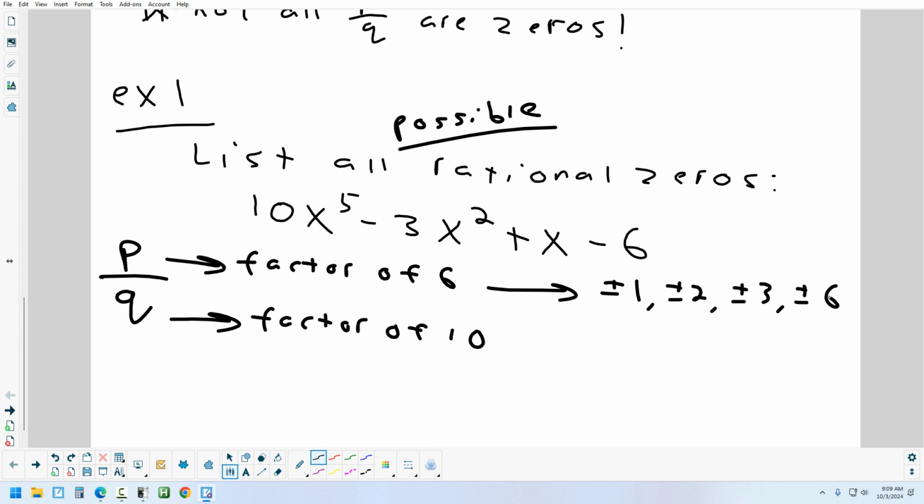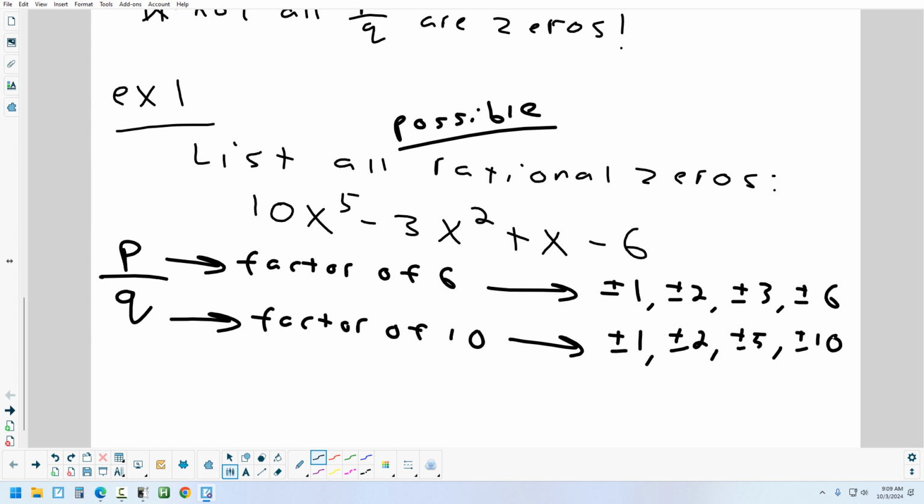Right, now let's do the denominator. What are the factors of 10? Yep, positive or negative 1, 2, 5, and 10. So let's start listing all the different options for P in the top and Q in the bottom.